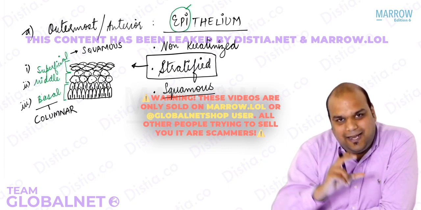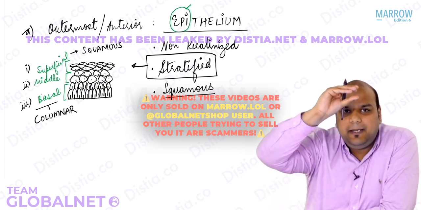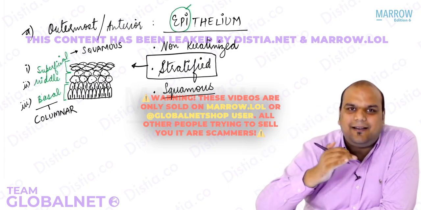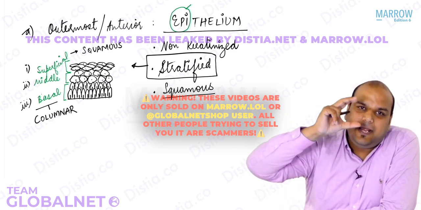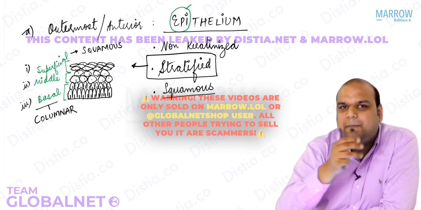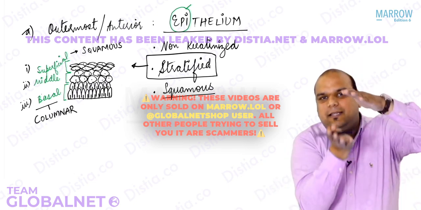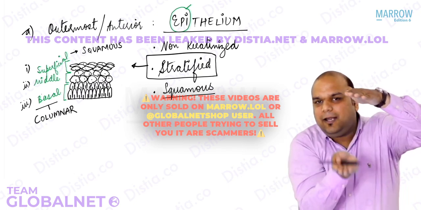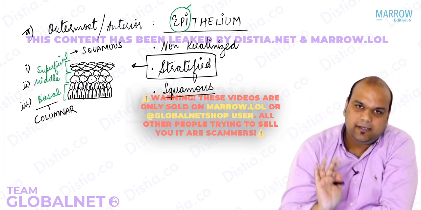So tall cells at the bottom keep getting flattened as they move up. The middle cells are a transition zone, so they are neither tall nor flat. They are polygonal, in multiple shapes. They are getting compressed, guys. We understand this much?